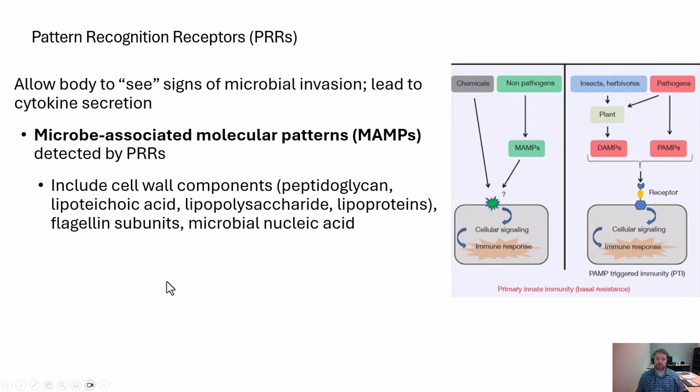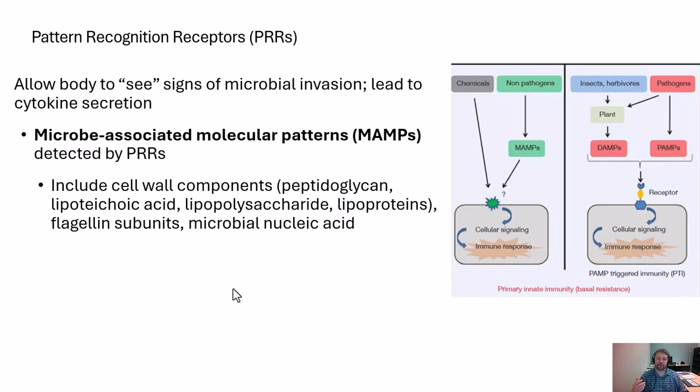Right? And so normally this is some component of the microbe that's been digested and then can be presented. Like I was saying before, the most useful component is protein based. That's not always the case. Sometimes we're talking about other structures, but a lot of the useful MAMPs are protein based.